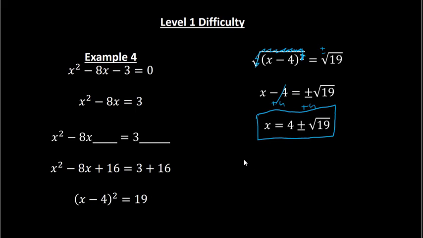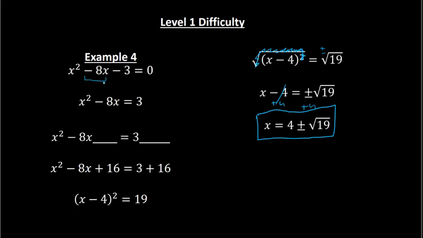So I would consider this a level 1 difficulty type of question. And the reason is, first of all, the number in front of the x squared term is an understood 1. There's nothing in front of the x squared term. And then also, this middle number is an even number.